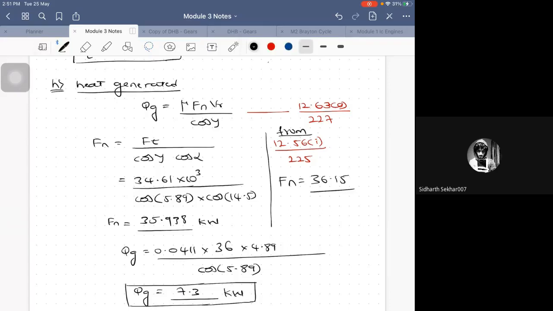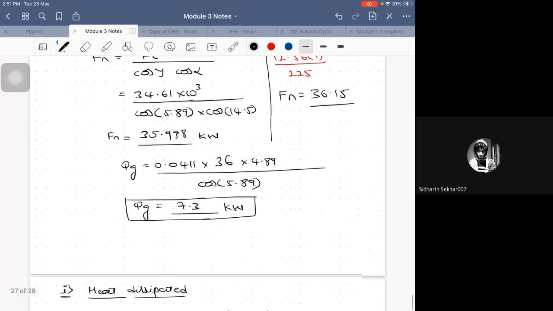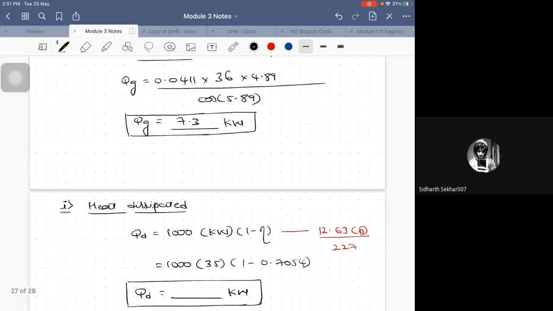Now immediately go for the calculations of heat dissipated, which is given by the same expression, 12.63b, page number 227. Substitute all the values and give the value of heat dissipated.